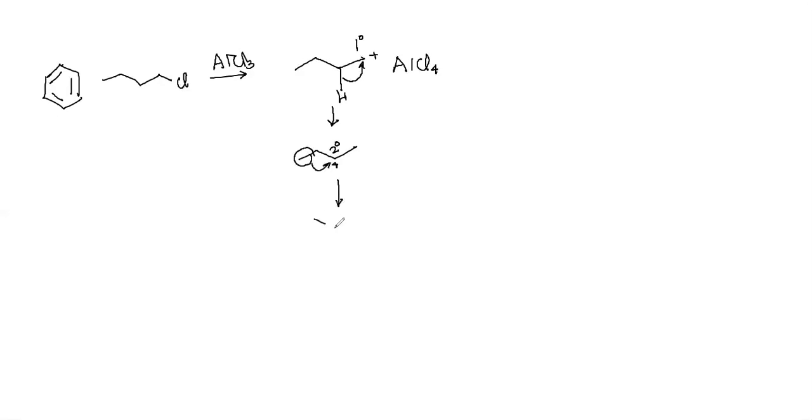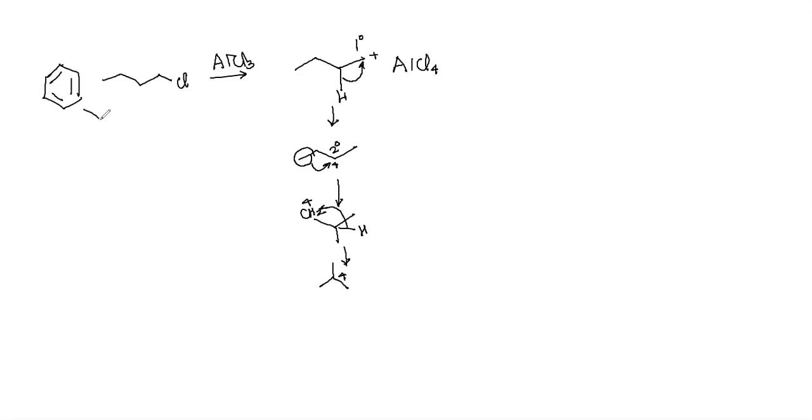Again, you will end up with a primary, but this is a more stabilized carbocation because you have two methyl groups, which is more powerful here. And now see here, this migrates. What will you get? You will get a tertiary carbocation.